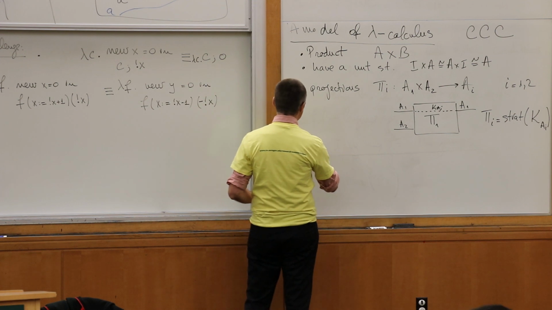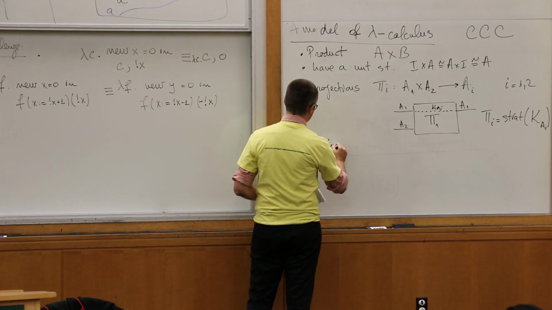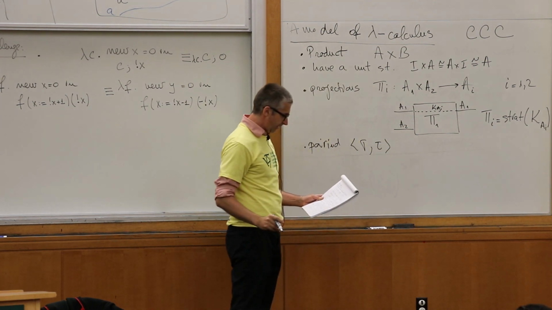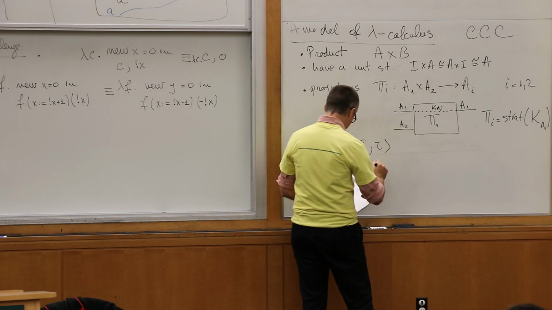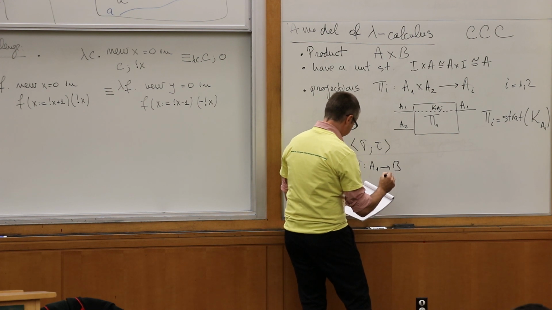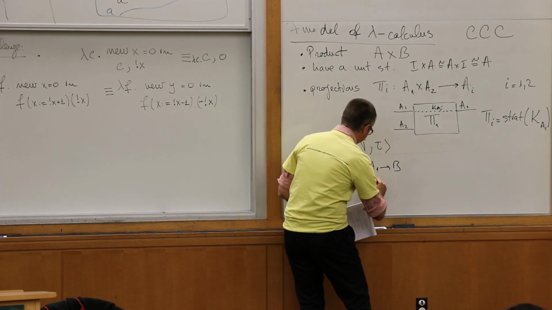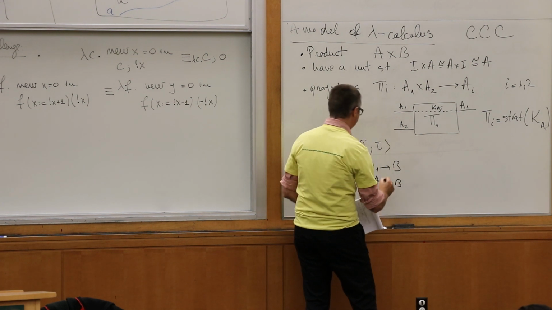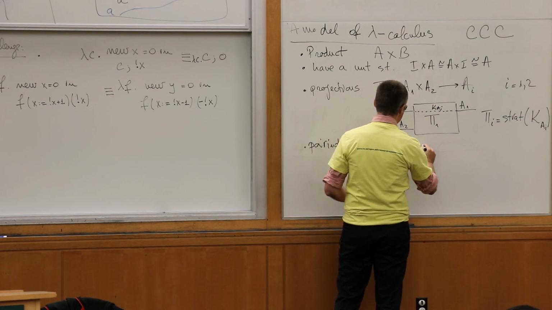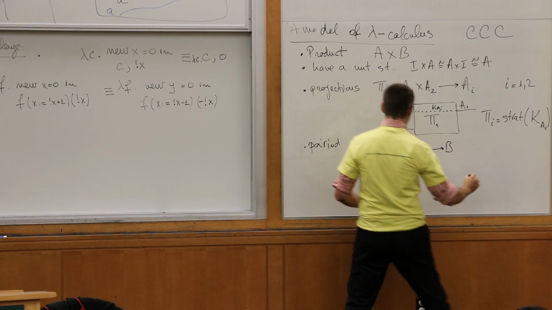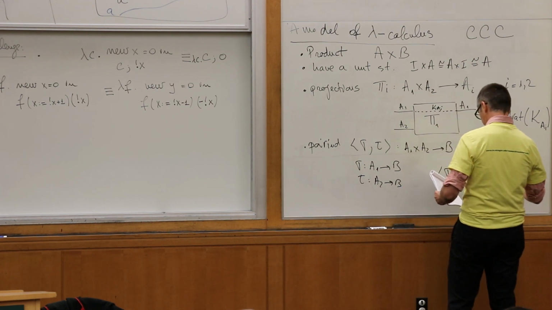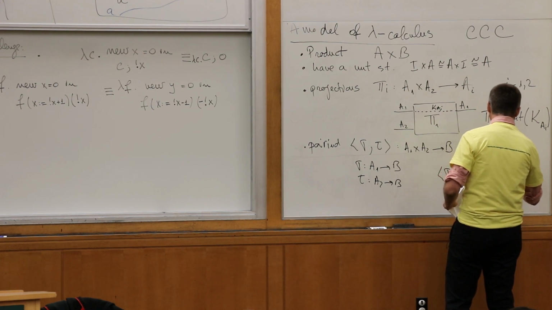We need to have pairing. The pair of two strategies, so sigma goes from A1 to B, tau goes from A2 to B, and their pairing goes from A1 times A2 to B, and it is simply the union of the two strategies.